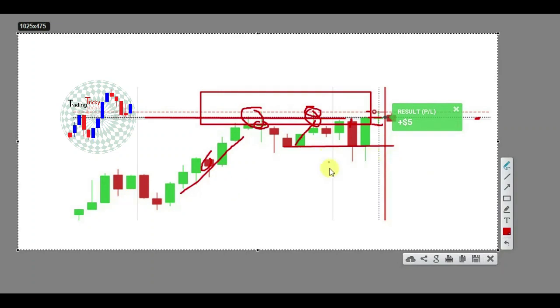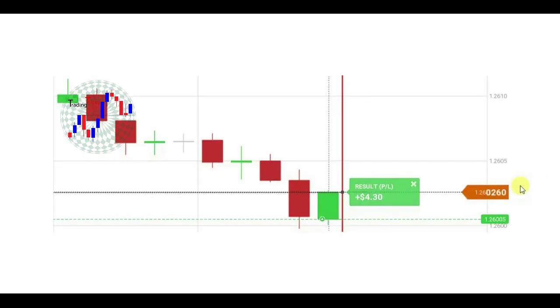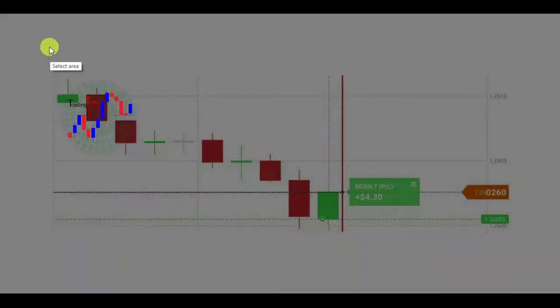Because it's trying, there is more chance to break this level, but still it closed at the level, so there is less chance to break it. When I found confirmation from sellers, I went with sellers here. So this is a winning trade, and let me show you another trade here.